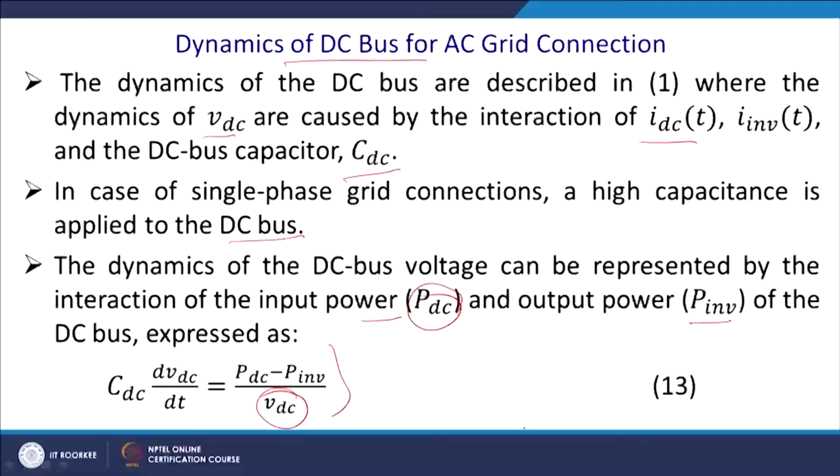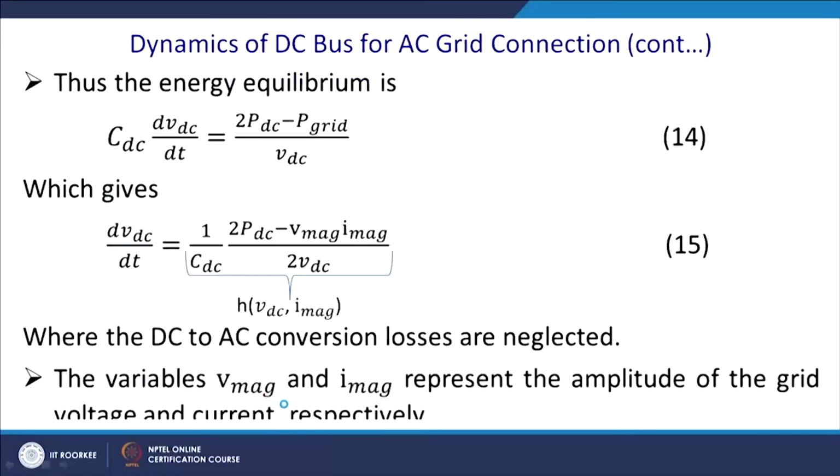So, we can equate in terms of power. Essentially C dV/dt equals I. So I can be written as a difference of the power by the voltage, and thus the energy equilibrium.